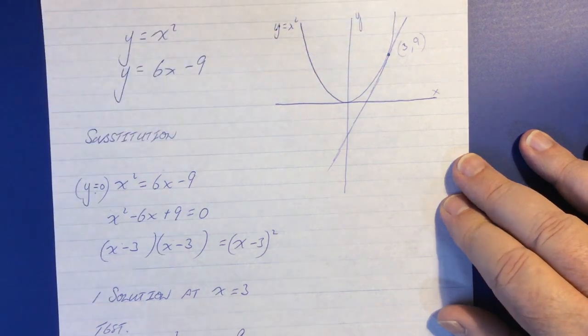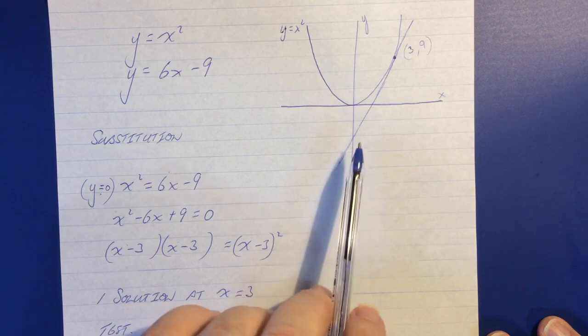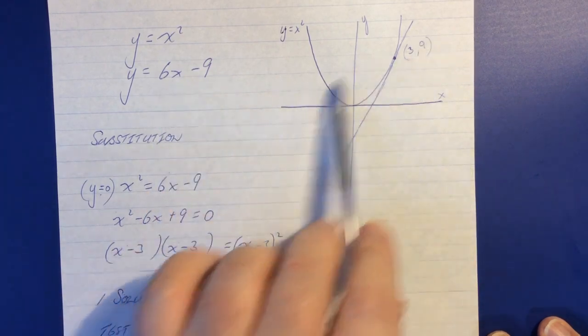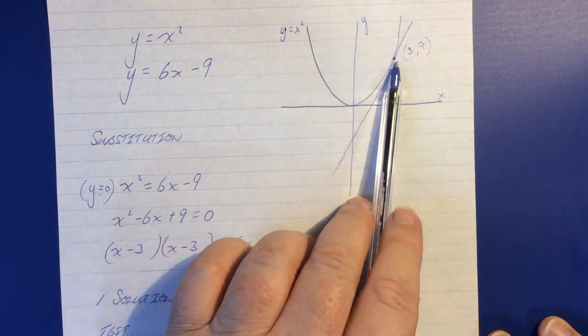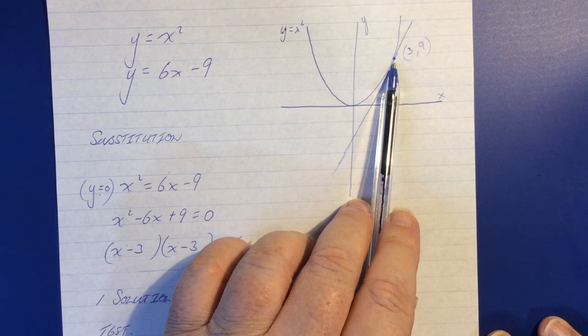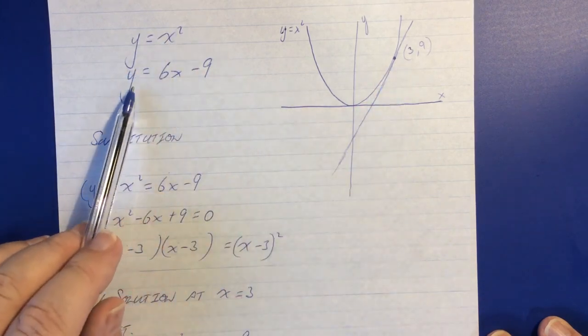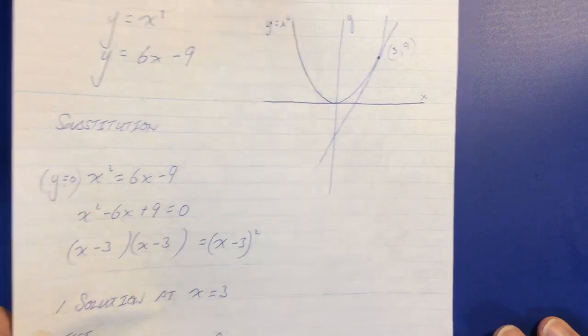What we see in this example is that the line 6x minus 9 doesn't go zooming through the quadratic and hit it twice. It just glances it, hits it once. So there's one solution to this problem, and that solution is 3, 9.